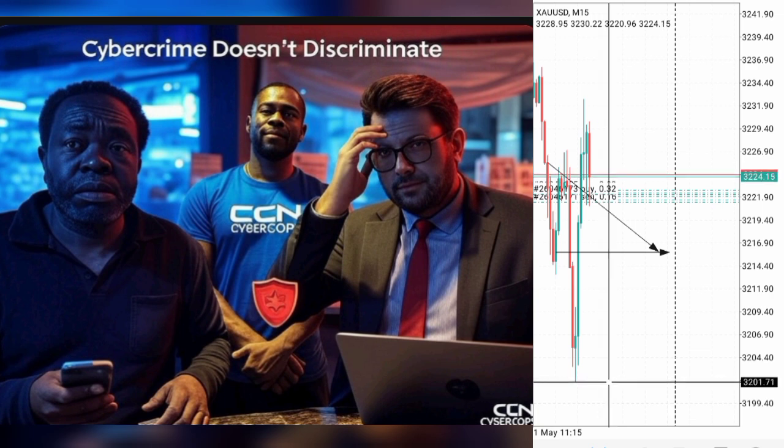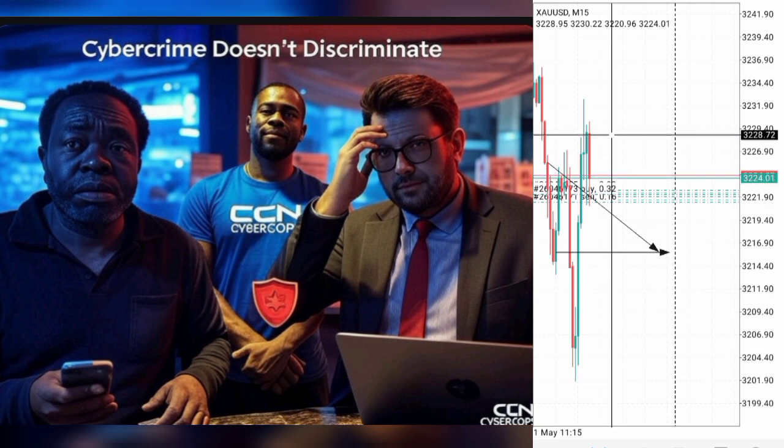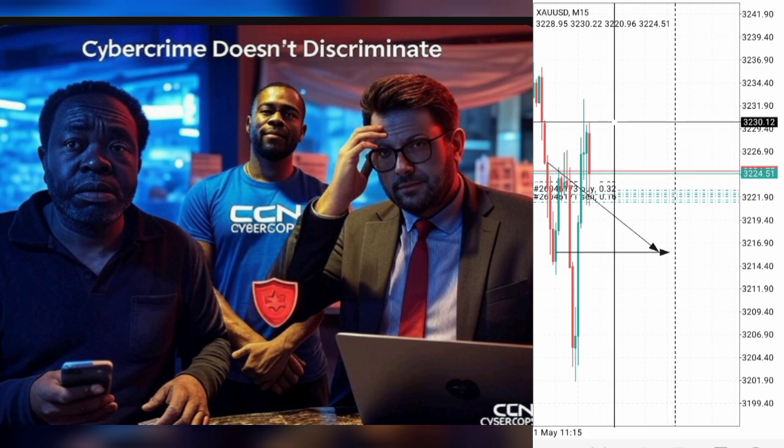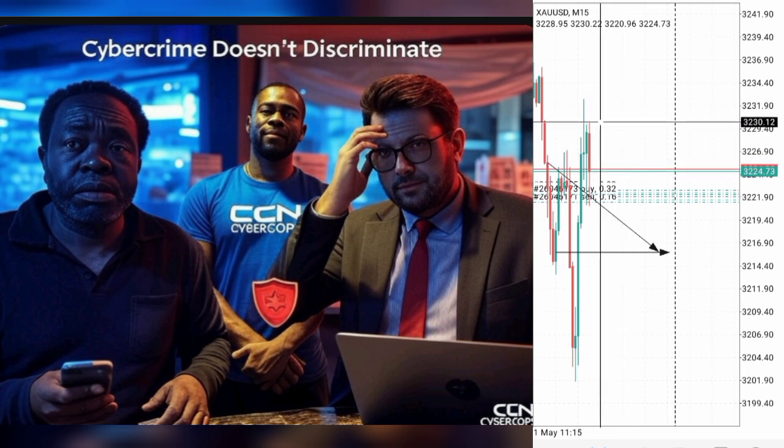So we have 3201 all the way up to 3230. So right now it is about 290 pips. Which means that we're expecting this market to go over 580 pips the moment we have this closing.